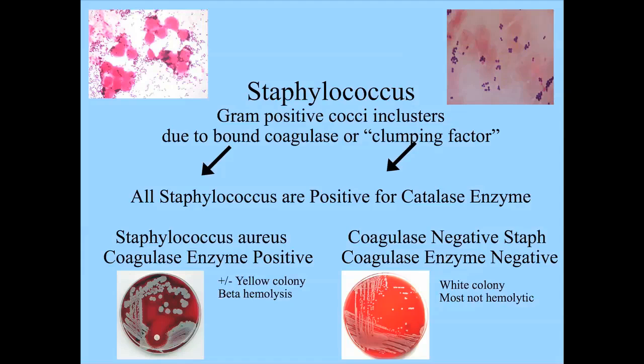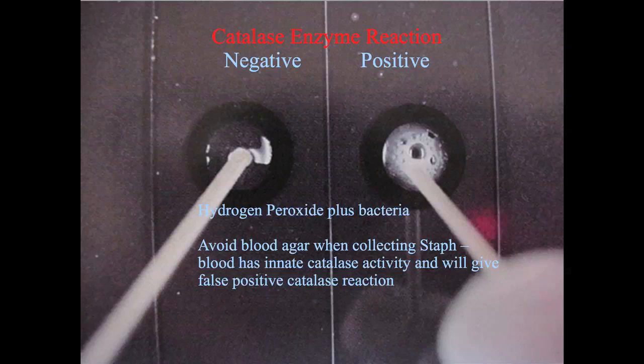If we go to the next slide, we can see what the catalase enzyme reaction really is. This is a very, very easy old school reaction to do. Hydrogen peroxide is put onto the microscope slide, and you put a little bit of organism from a wooden stick into the hydrogen peroxide. You can see on the left-hand side there are no bubbles, and on the right-hand side it's full of bubbles.